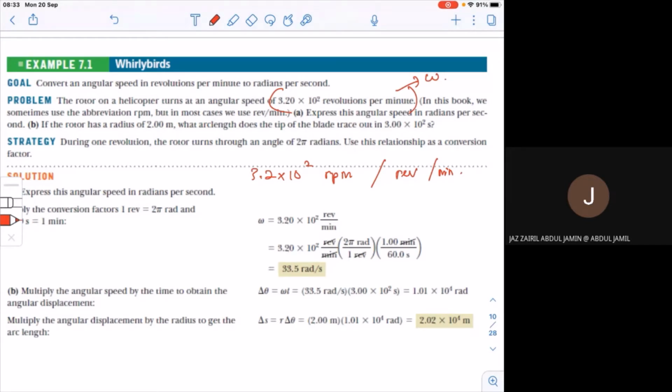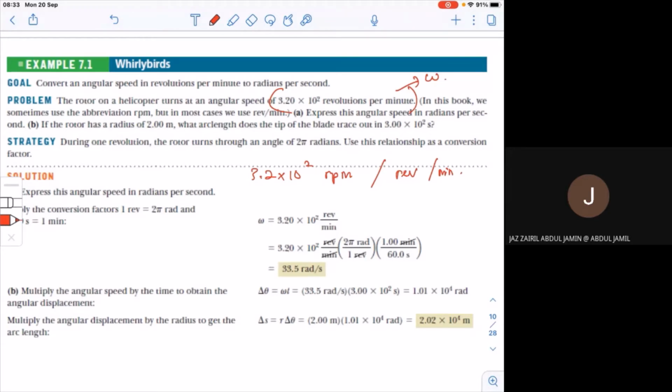Part A: express this angular speed in radians per second. So number one, they need us to get the angular speed, or angular velocity, in terms of radian per second, because this is a very good first step for you to answer it, since here they have only given you a non-SI unit.